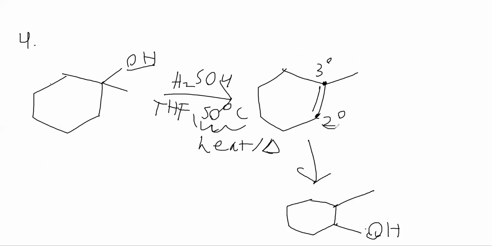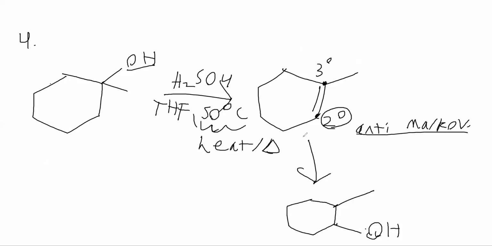So we're attaching the alcohol to the secondary position instead of the tertiary position. That means we're forming the anti-Markovnikov product. That's important because there's 2 ways to form an alcohol, but one of them forms anti-Markovnikov and one of them forms a Markovnikov alcohol.